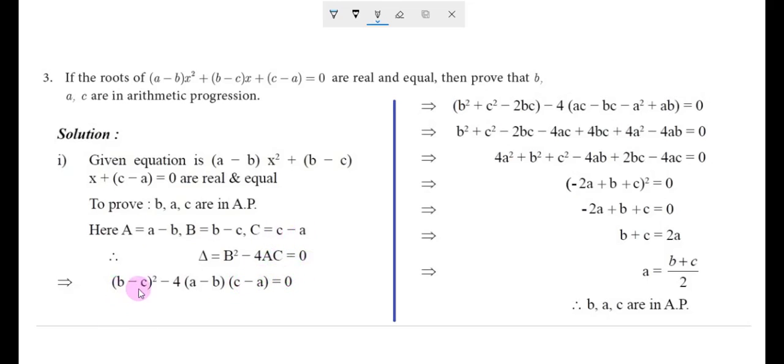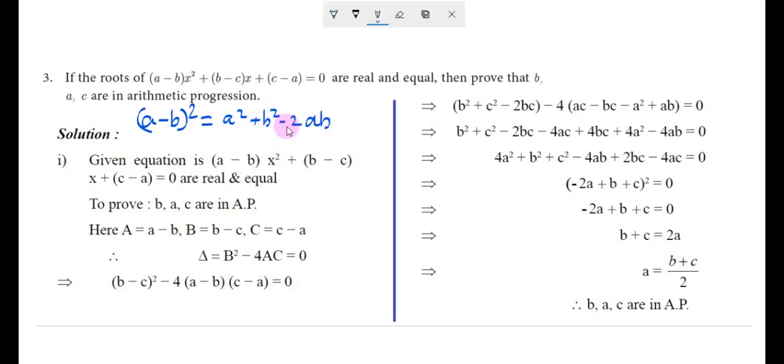It is of the form (a minus b) the whole square, which is a square plus b square minus 2ab.